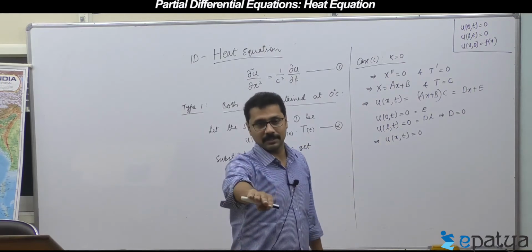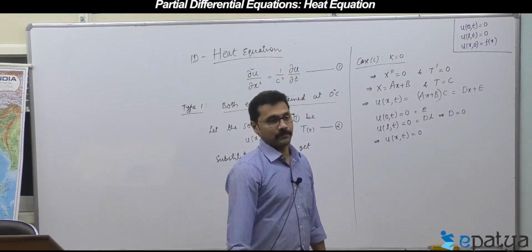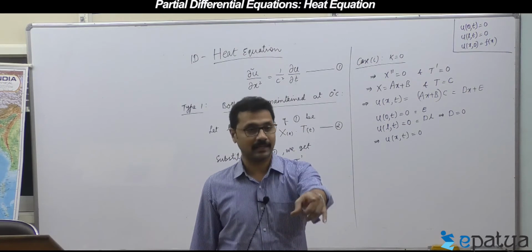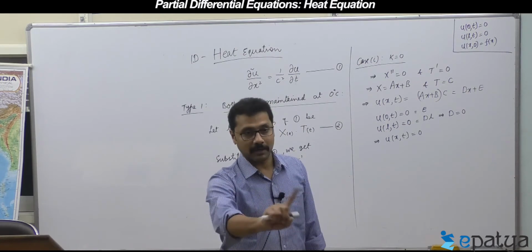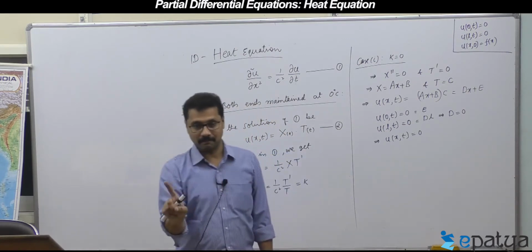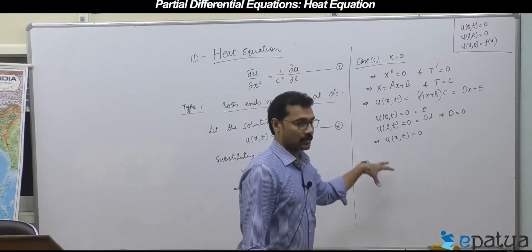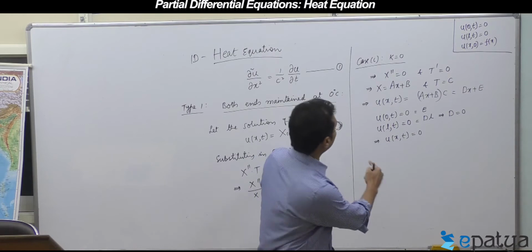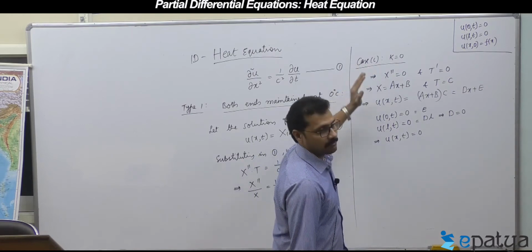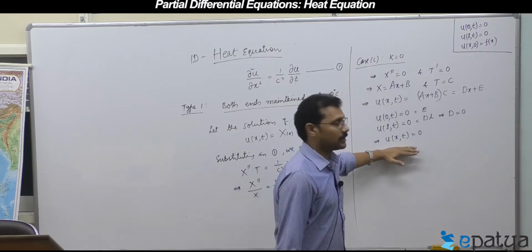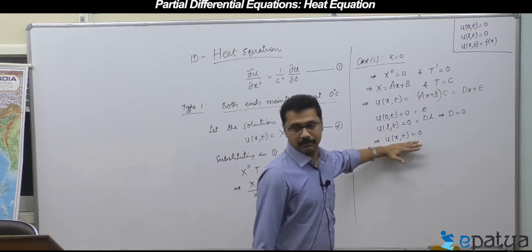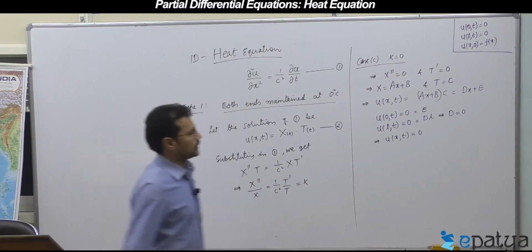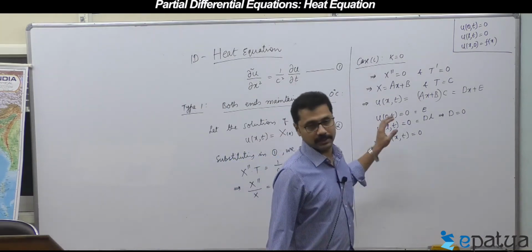Yesterday when I was discussing, if you remember, I was telling one point. Case 1, k equal to 0, might be invalid in the case of wave equation, but not necessarily every time. Case 1 also can be a valid case, especially when it comes to heat equation, which actually gives us the steady state temperature distribution inside the rod.